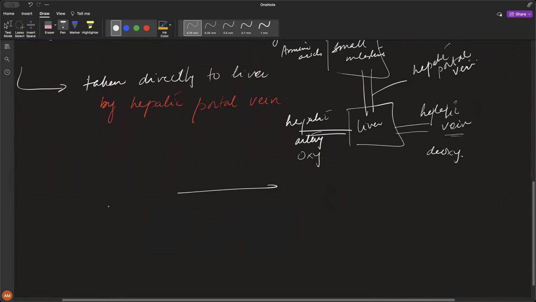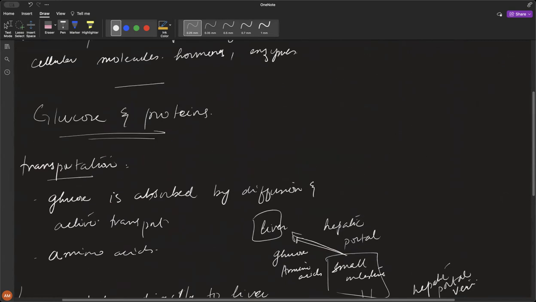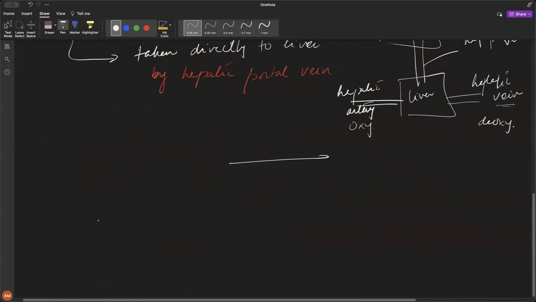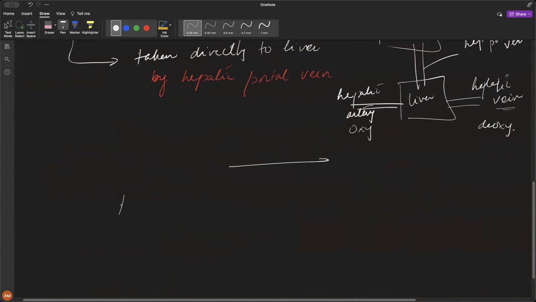Let's talk about assimilation. This is the transportation, and now assimilation. Assimilation of glucose.